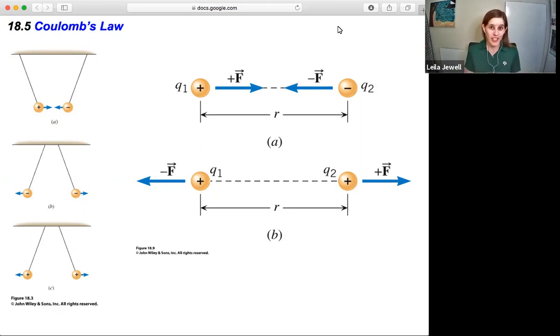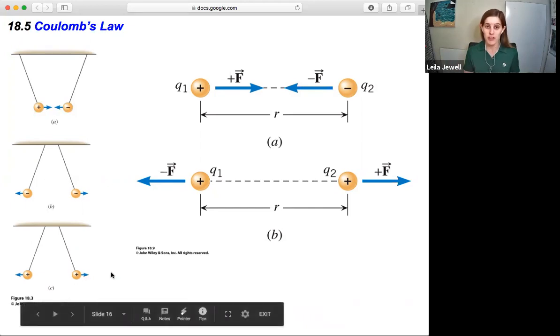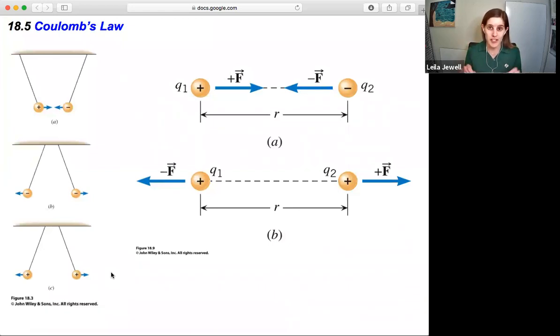Now we finally get to take our knowledge of what happens when we have opposite charges, that they attract, and like charges, negative-negative or positive-positive, that they repel. We're going to actually describe that force, beyond the qualitative, okay, it'll attract or repel, how much force is actually present?